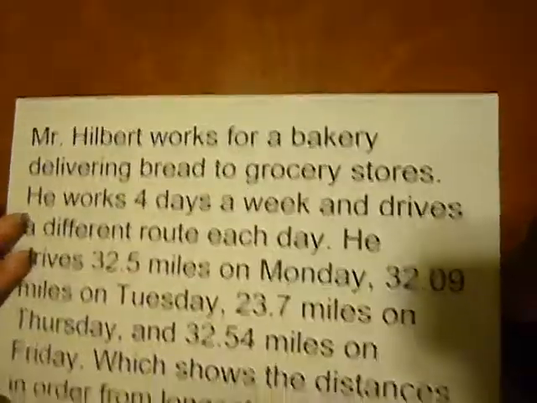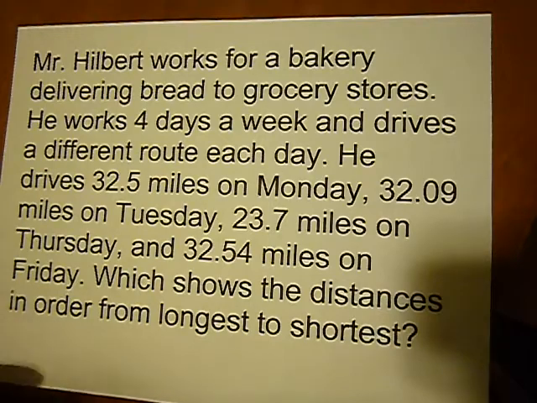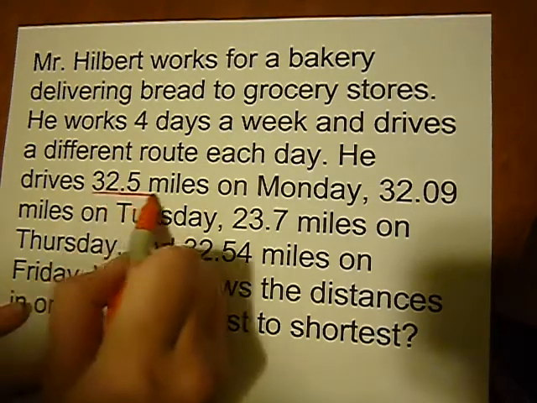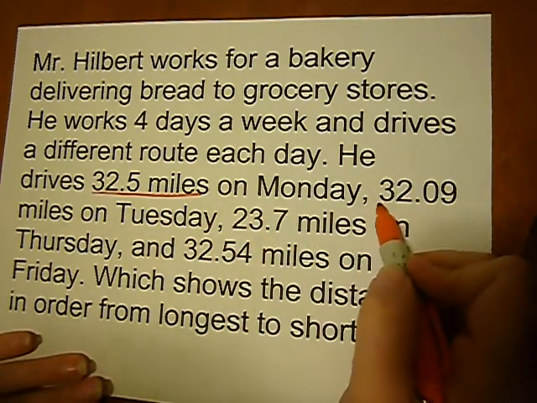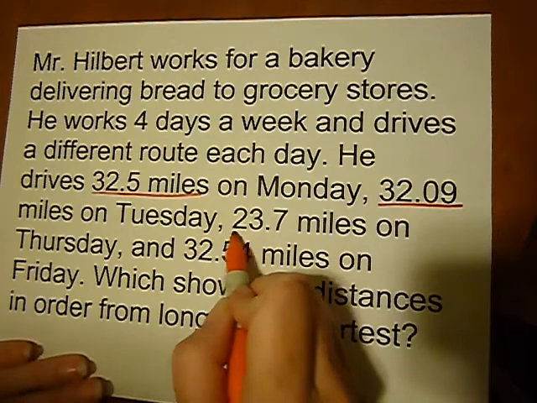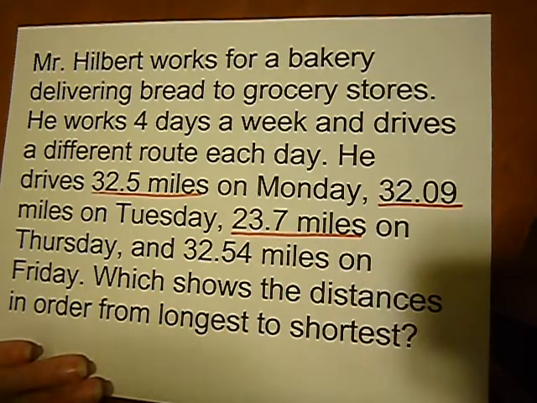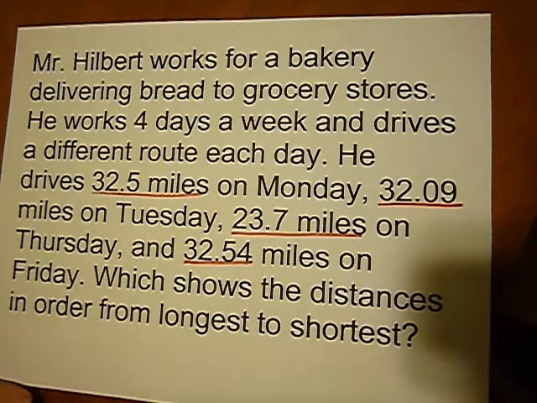Okay, here's my final problem. Mr. Hilbert works for a bakery delivering bread to grocery stores. He works 4 days a week and drives a different route each day. He drives 32.5 miles on Monday, 32 900 miles on Tuesday, 23 7/10 miles on Thursday, and 32 5/54 miles on Friday.